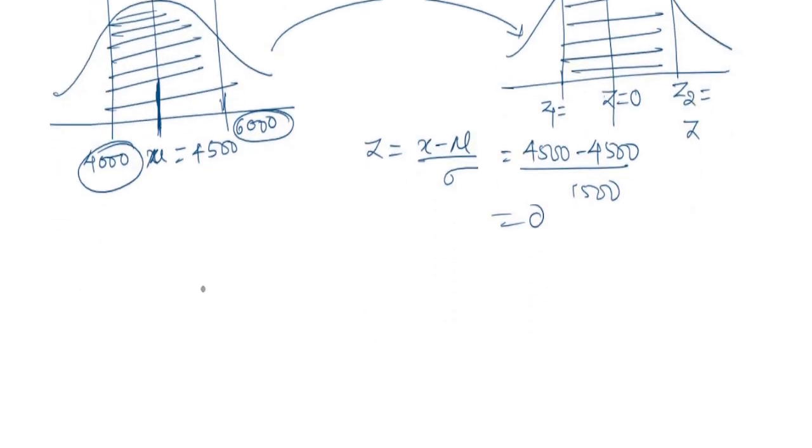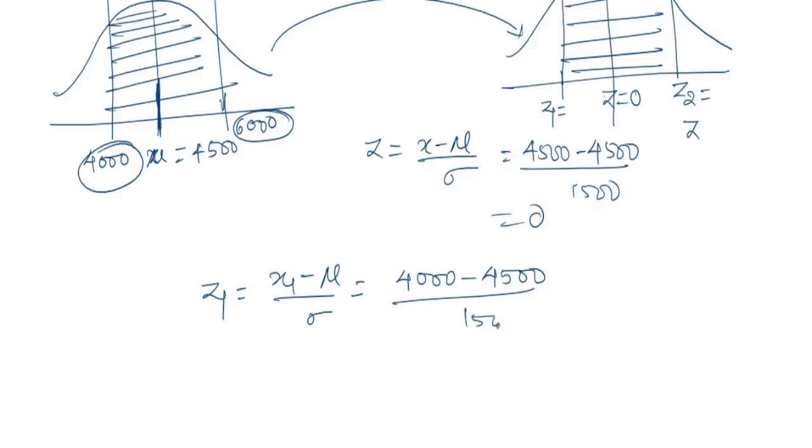So let us start with the formula. Z1 is equal to x1 minus mu upon sigma. Here x1 is 4000 minus mu, which is 4500, divided by 1500, which gives minus 500 divided by 1500, which is minus 0.333.